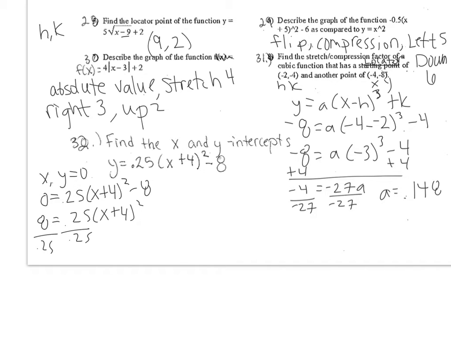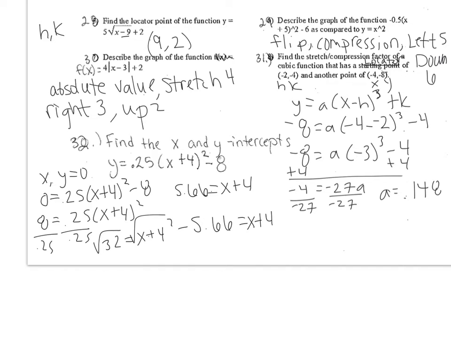I get 32 equals x plus 4 squared. And then I'm going to take the square root of both sides. And I get 5.66. So now I have 5.66 equals x plus 4. And I have negative 5.66 equals x plus 4.